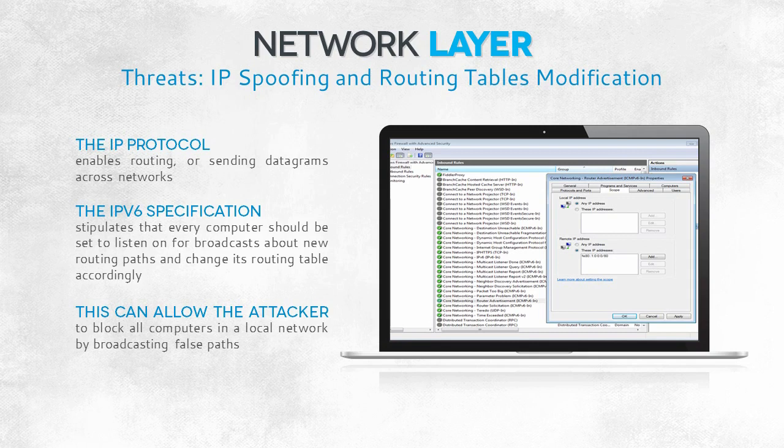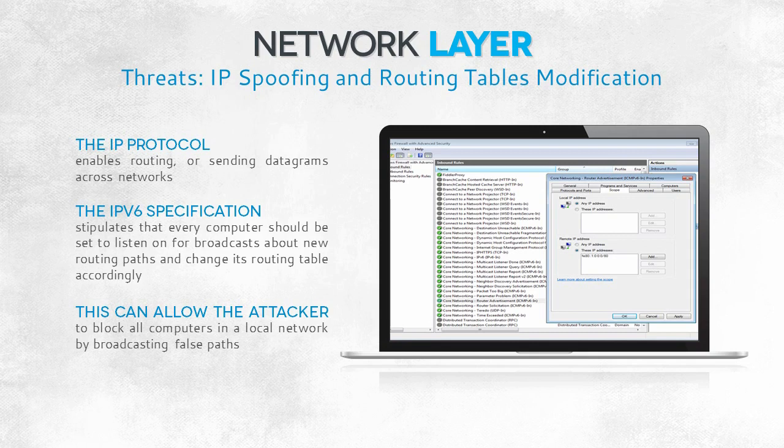The second risk can now be mitigated thanks to network hardware improvements. But in fact, the vulnerability was a consequence of following the RFC standards. IP version 6 hosts listen and react to packets broadcast by IP version 6 routers. As stated in the RFC, injecting false routes into the network will block hosts.